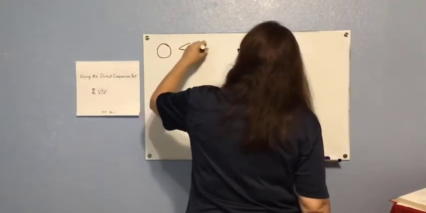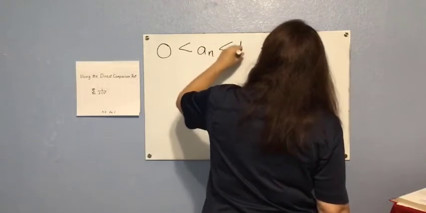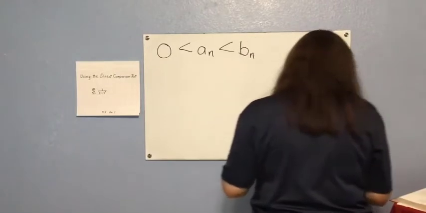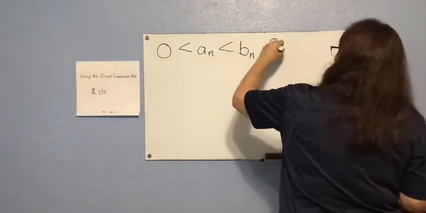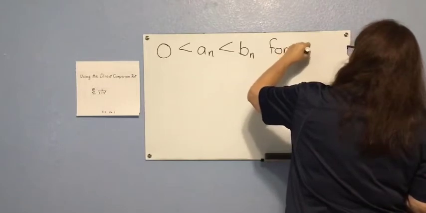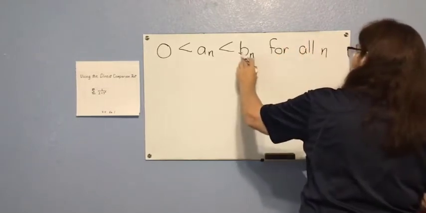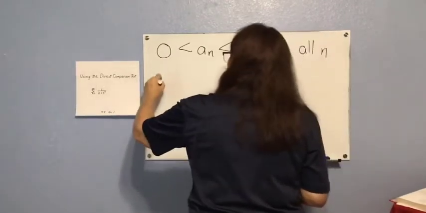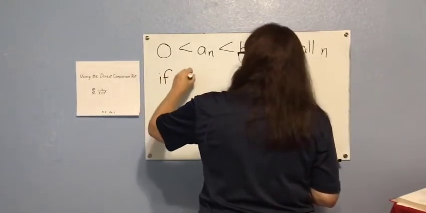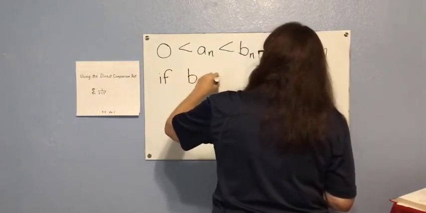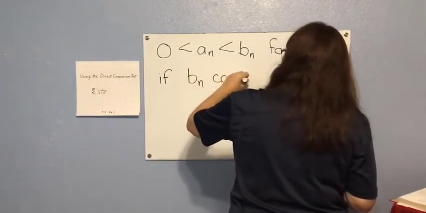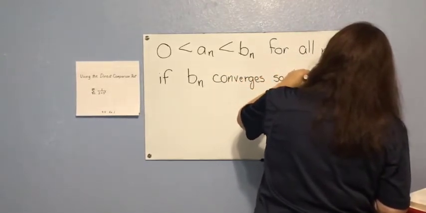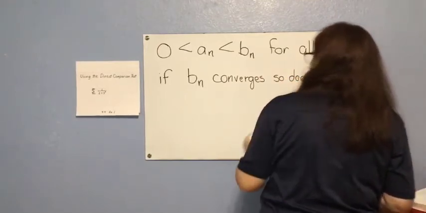And it looks like this. If I have two series A sub n and B sub n, if this is true for all n, then B is always greater than A, then I know that if B sub n converges, so does A sub n.